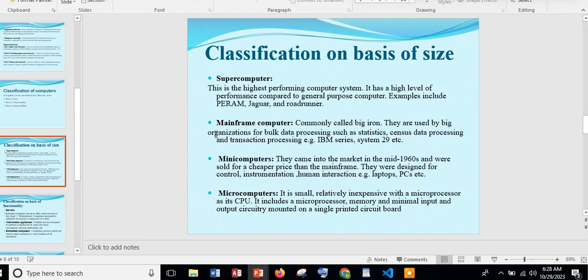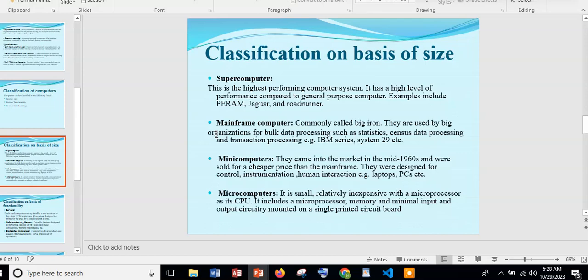When we classify computers on the basis of size, we have computers such as the supercomputer, and this is the highest performing computer system. It has a high level of performance compared to general purpose computers. Examples we have are the Param computer, Jaguar and the Road Runner.